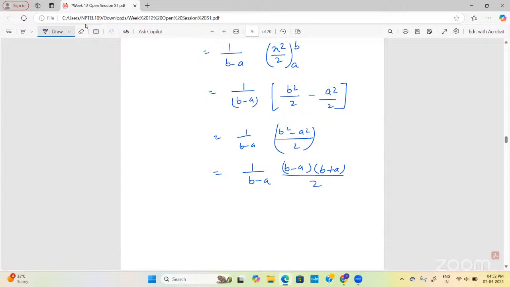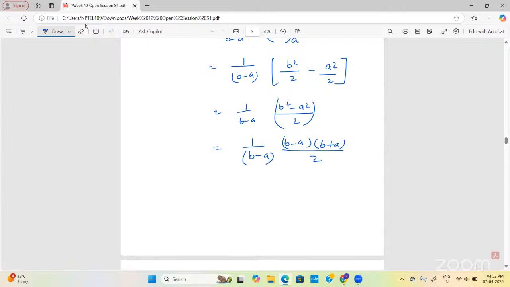This is the formula for B square minus A square. Then B minus A will be cancelled out, right? So we are left with A plus B divided by 2. So this is the expectation for uniform distribution with parameters A comma B. Okay, is this clear to everyone? Yes, ma'am.